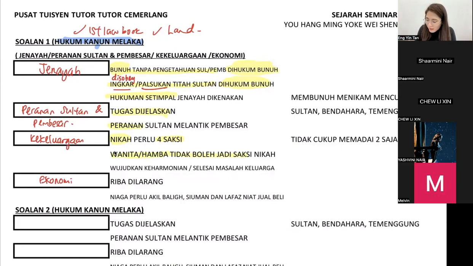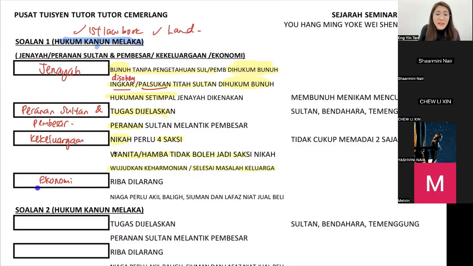Wanita tidak boleh jadi saksi nikah, wujud keharmonian dan selesaikan masalah kekeluargaan. So if not enough friends or members to witness the ceremony, you need 2, meaning 1 for the boy, 1 for the girl. Everybody, are you clear with this one? Engagement thing when you go for registration.